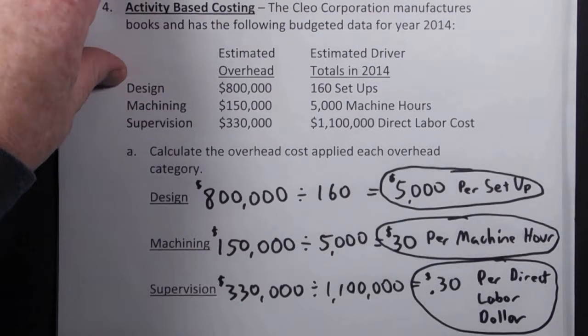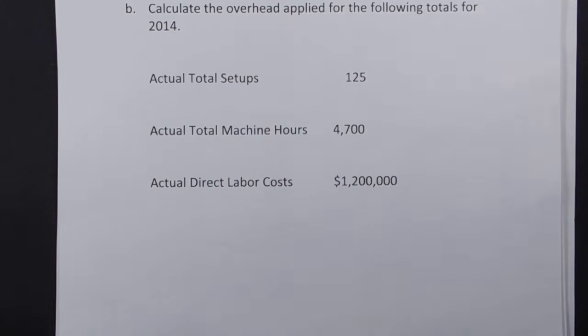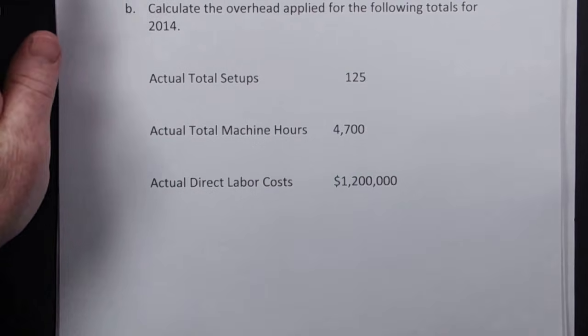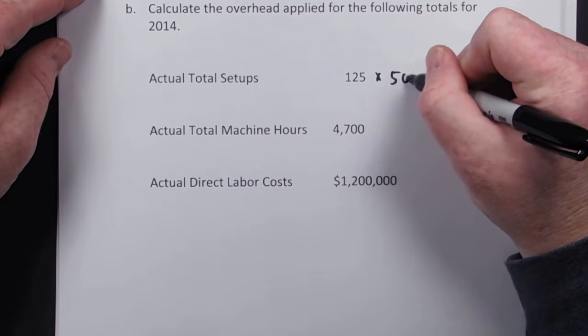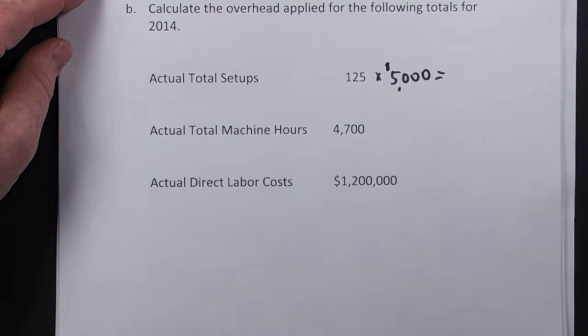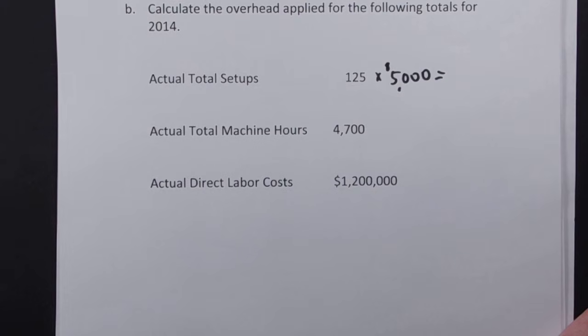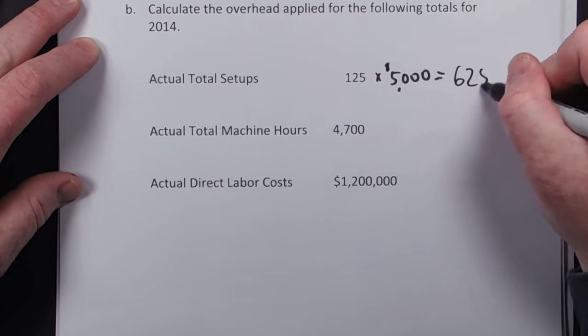Okay, let's take a look at B. So B, similar to what we had for page 3, we're just going to multiply these out. So 125 setups times $5,000 per setup, and we come up with a total of $625,000.